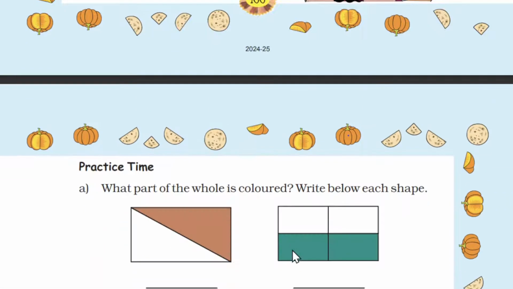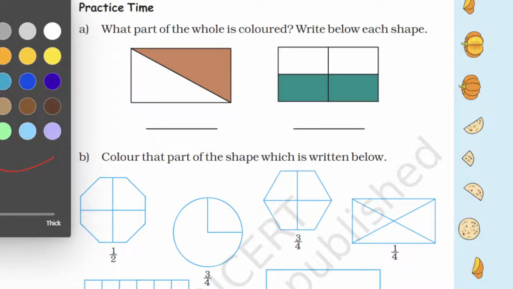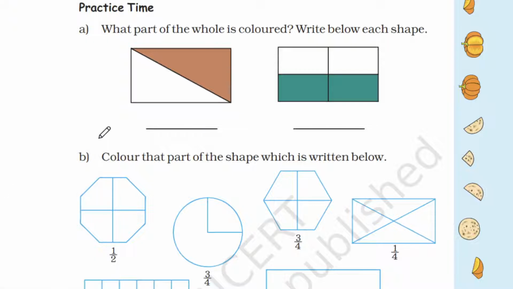Let's see the next one. So next we have practice time. What part of the whole is colored? Right below each sample. Half part of the whole is colored. Here also half part of the whole is colored. So let's write half, which is HALF, or you can write 1/2.